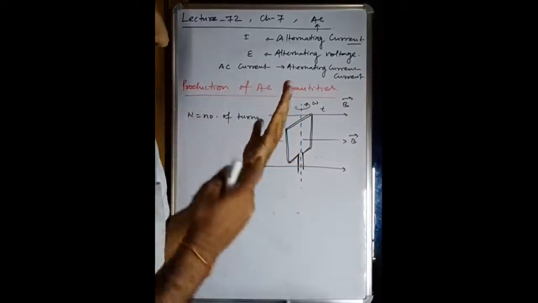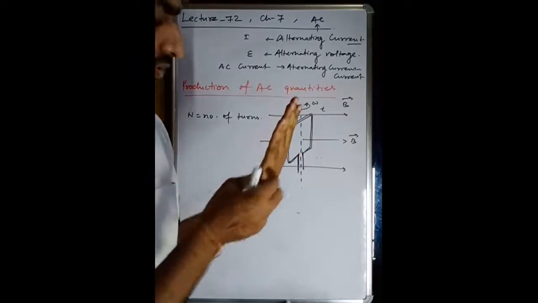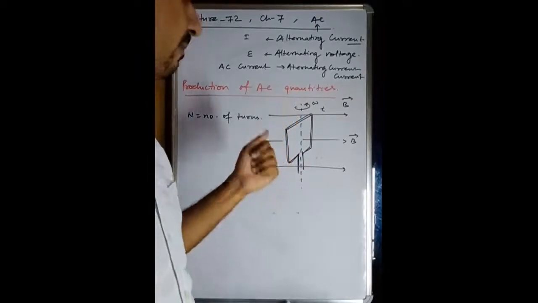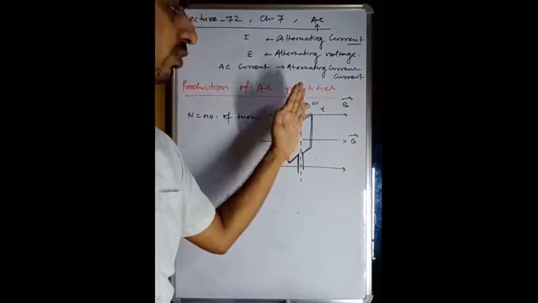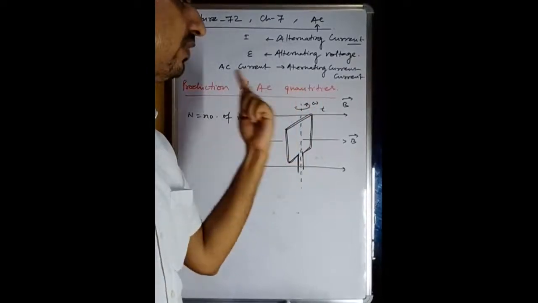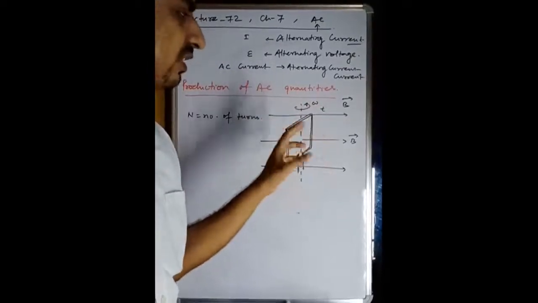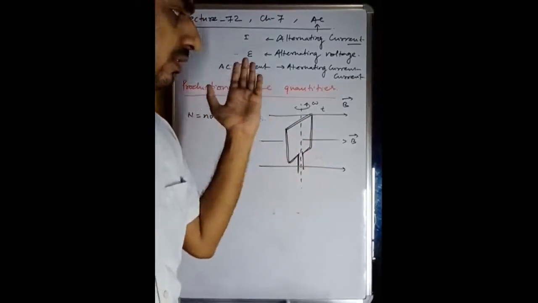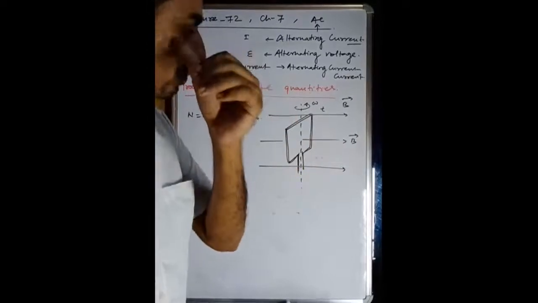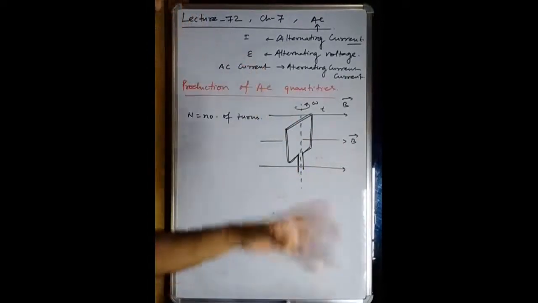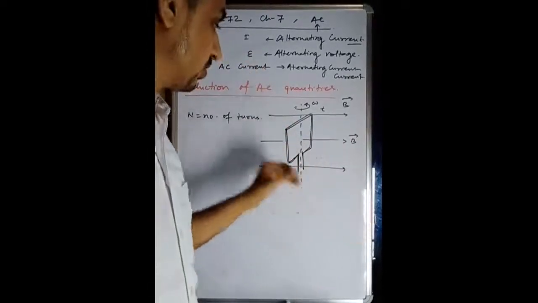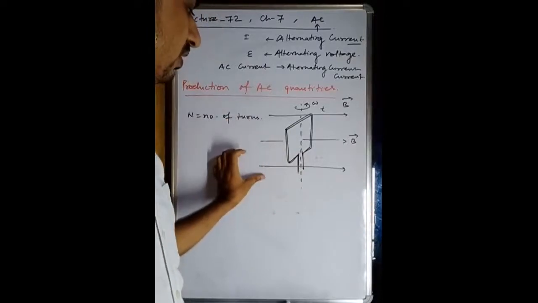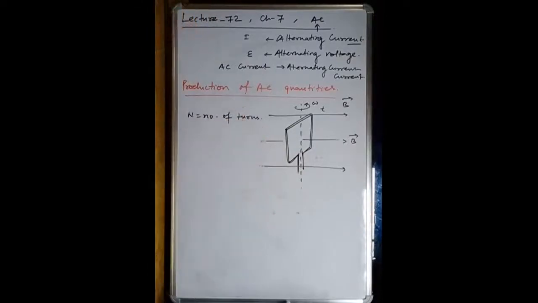No field lines will be trapped by this very thin area. It means as it rotates inside this magnetic field, there will be a continuous change in flux. Flux will go from maximum to 0 and 0 to maximum, and maximum to 0 after each rotation. We will study in very detail when we study the AC generator.